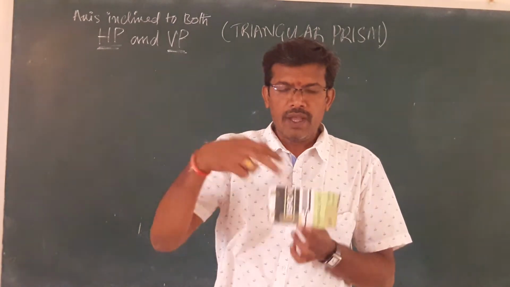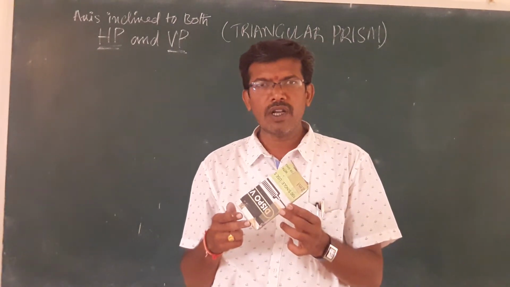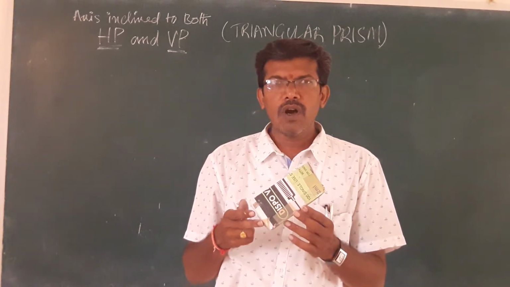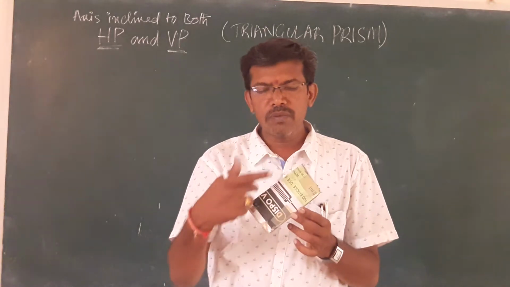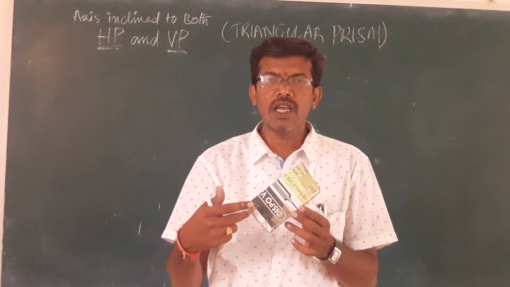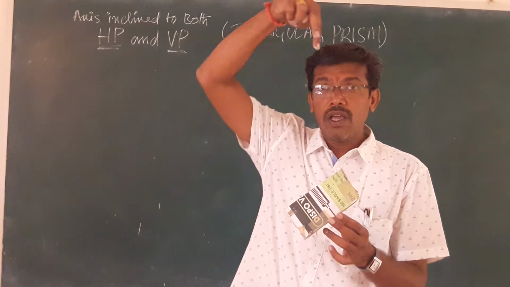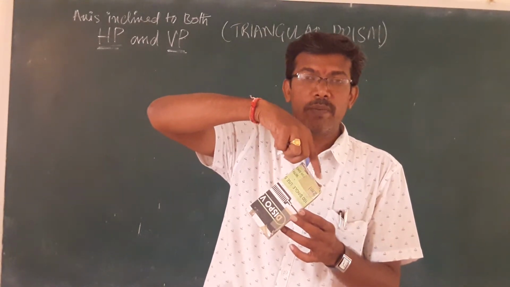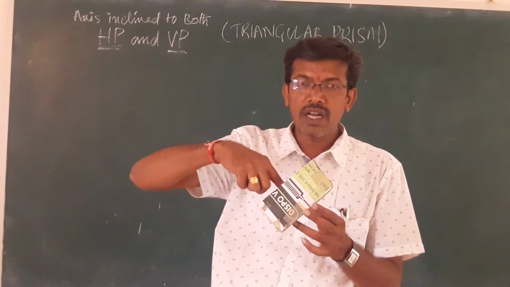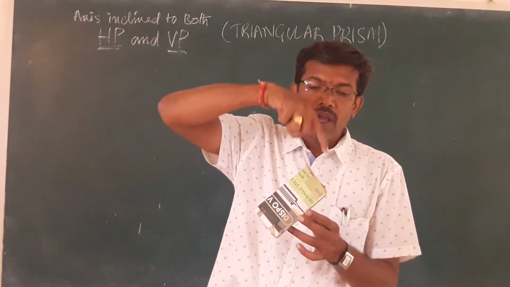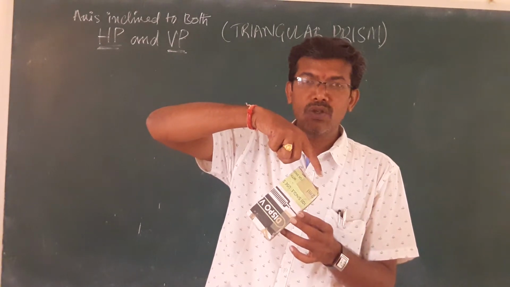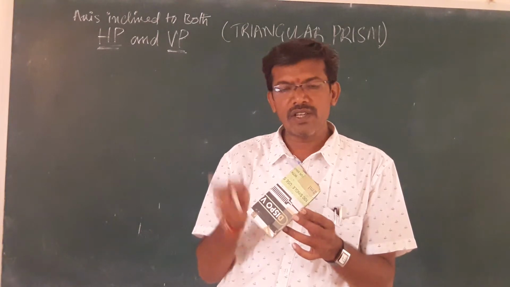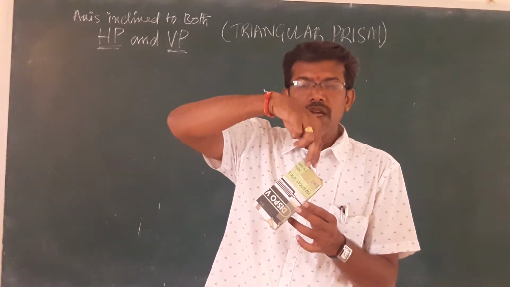And when I make the axis inclined to the horizontal plane, in front view you can see only one rectangular face, but in the top view you can see these two surfaces as well as this base. So this is one face, this is another face, back side, in the top view, and this is another base. This is called top base and this is bottom base, or we can call it bottom surface and top surface. This one is the top surface.